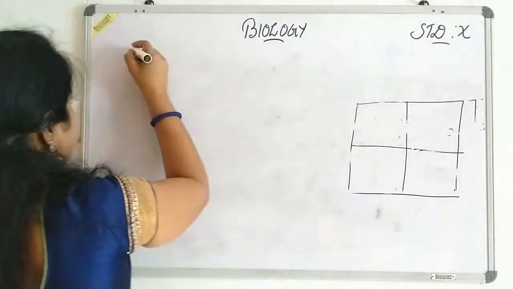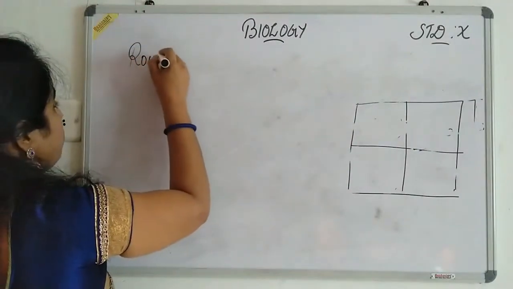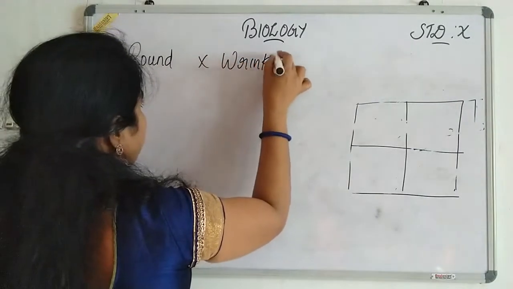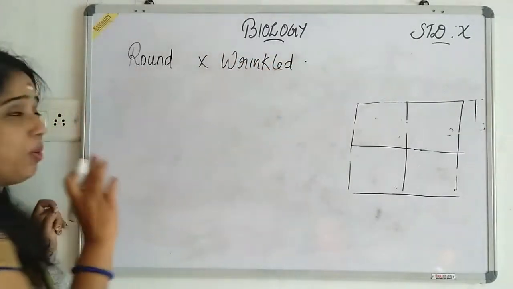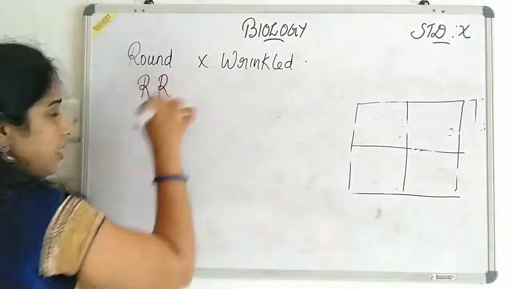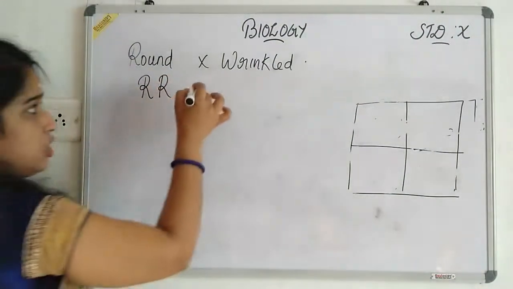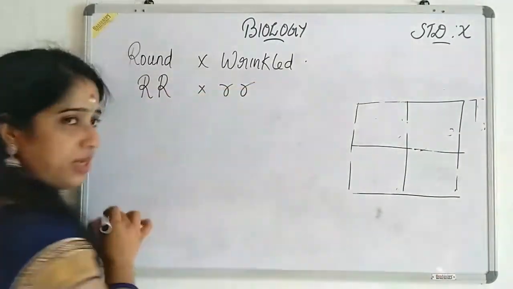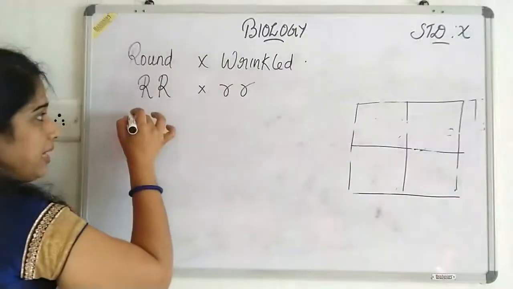We can see the seed that is round, which is the dominant one, and the next one is wrinkled. Round can be indicated as capital R, capital R. Please write along with me, smaller r, smaller r. So how can we separate the gametes?